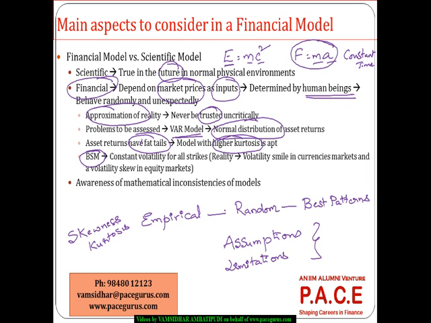Similarly, when we look at the Black-Scholes-Merton model, whatever formula it has given for the valuation of the option, there is one assumption that has gone into it: that the volatility is constant for all the strike rates. But in reality, we all know that the volatility for each strike rate could be different. And the reality is also, especially with the currency markets, that the volatilities exhibit a smile, a shape like this.